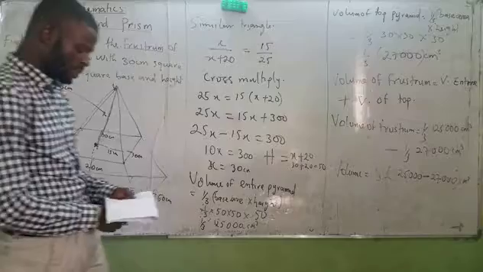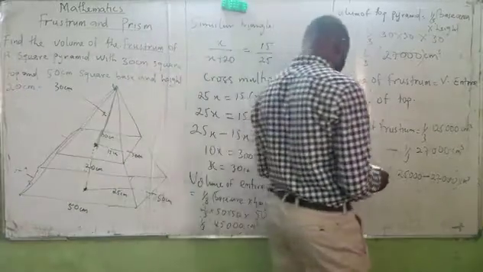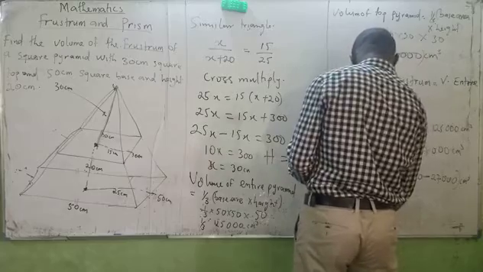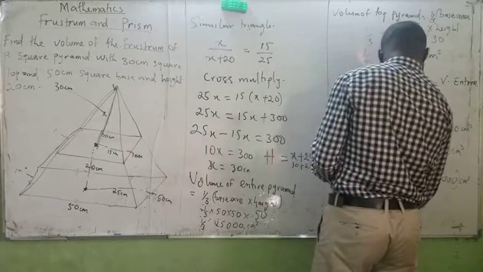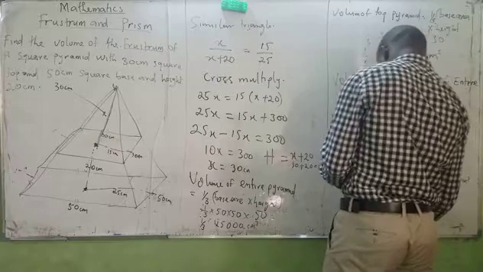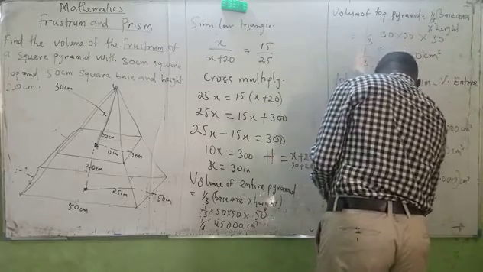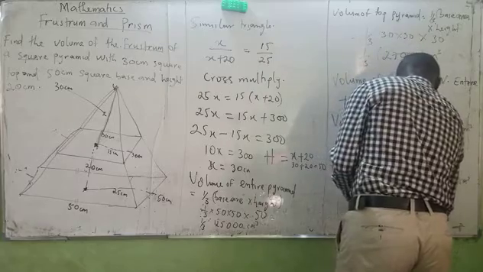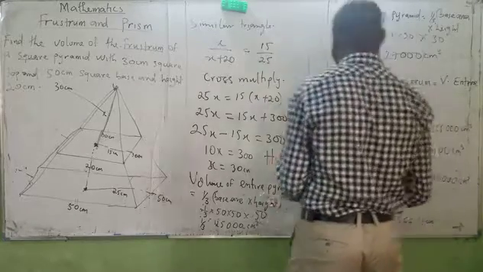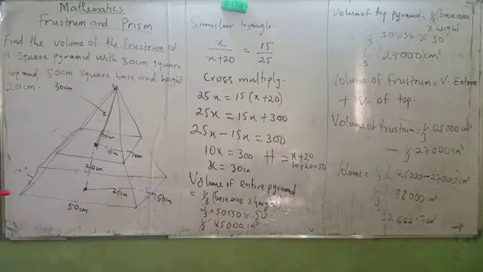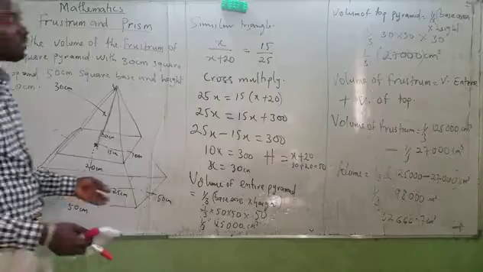Now, it will be 1/3 of 98,000 centimeter cube, which is 32,666.7 centimeter cube. That is the volume. Now, can you see what is called a frustum? That is what is called a frustum.